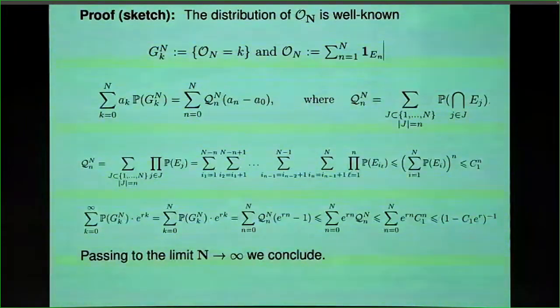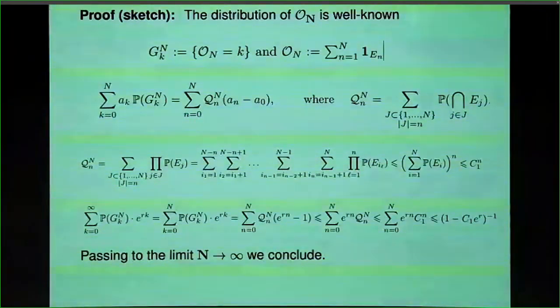This minus 1 can be thrown away, and what we have here is estimated by C1 to the n. And here we have our geometric formula. So it really turns out it's just our geometric formula where we use the original Schuette-Nesbitt formula. It's quite straightforward. And then we just have to pass n to infinity.